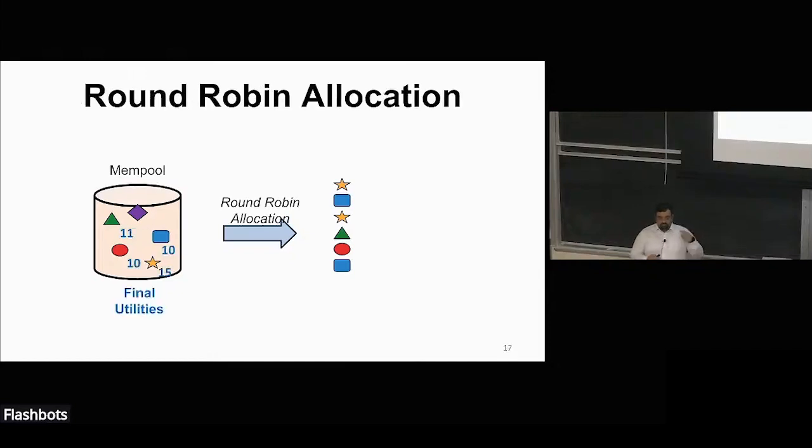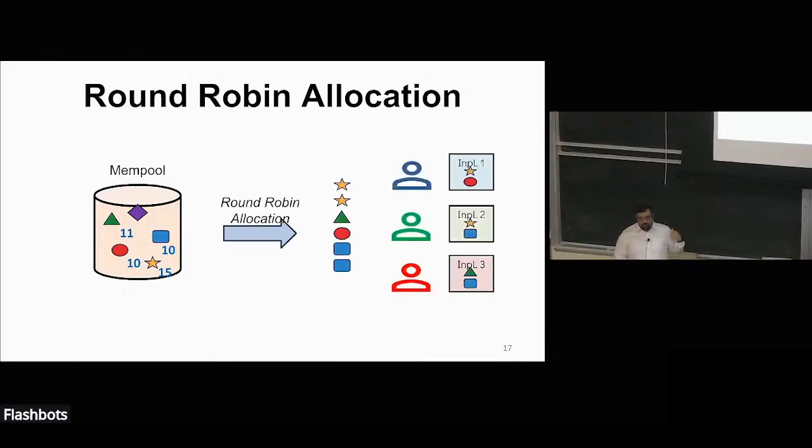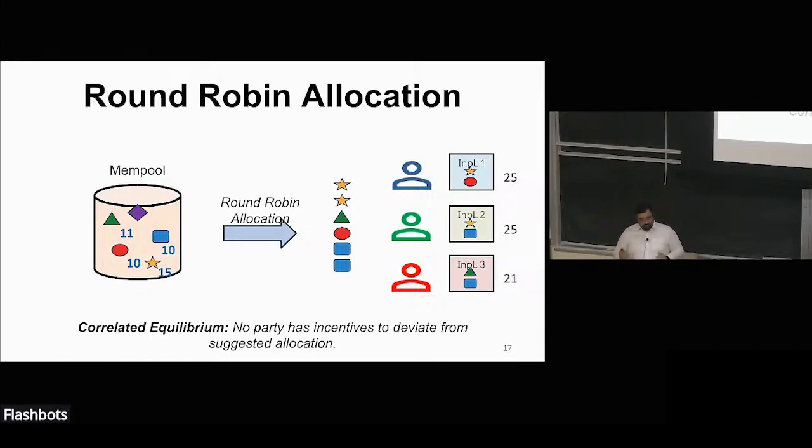Then, based on the final effective utility of each of these transactions, we sort and allocate them in a round-robin way to all the validators. What this ensures is that the utility received by each validator is as high as possible, and this achieves a correlated equilibrium in which no party has incentives to deviate from the suggestion of the algorithm.